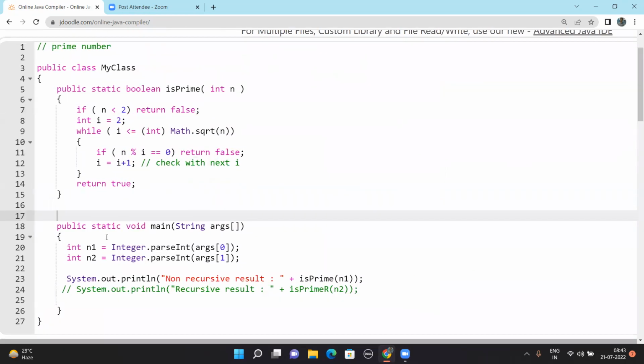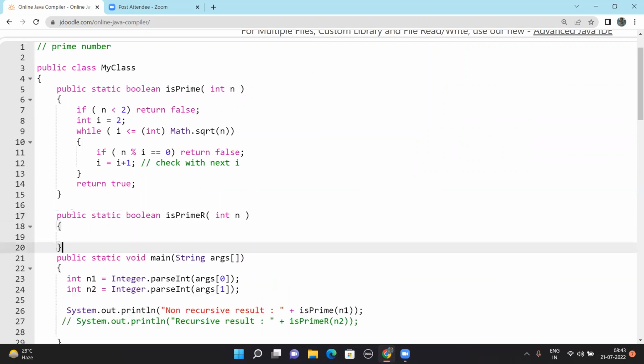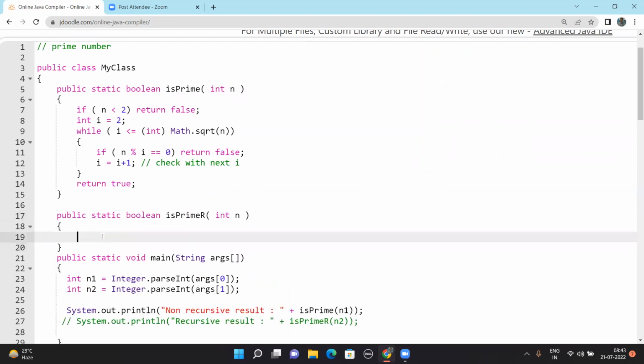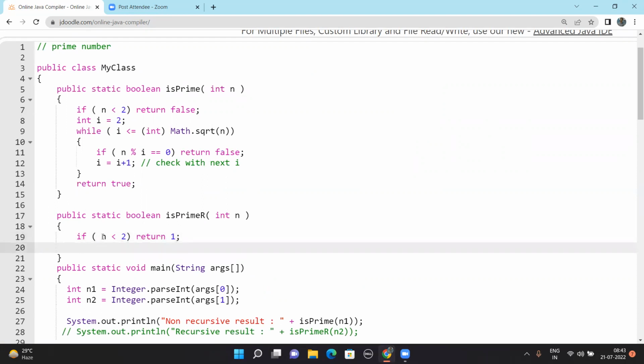Okay. Now let us write the recursive algorithm or recursive method. First condition can be taken as it is. If n less than 2, return false. Okay.